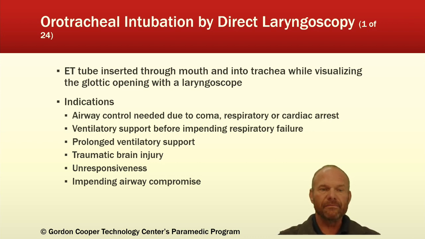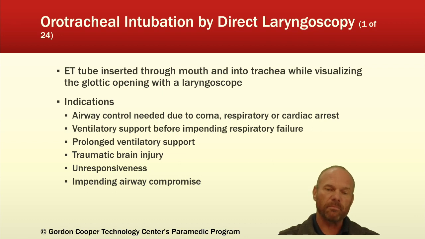So orotracheal intubation, let's talk about it with direct laryngoscopy. It involves passing that tube through the glottic opening like we've mentioned. So when do we do this? When airway control is necessary. There are several reasons: coma, respiratory arrest, cardiac arrest. What we're doing is providing ventilatory support in cases of impending respiratory failure, for prolonged ventilatory support in critically ill or injured patients, in cases of traumatic brain injury, trying to protect that airway and maintain oxygenation.